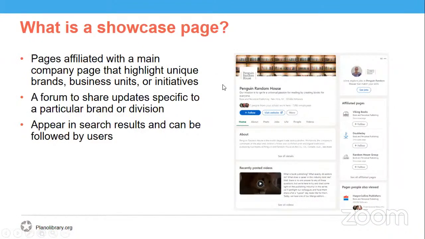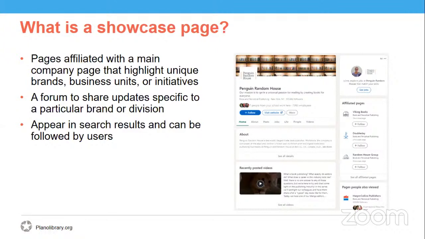In the image that I have, you can see that Penguin Random House has established a company page as a business, and then these affiliated pages on the side show its separate smaller publishers that are affiliated with the main whole.